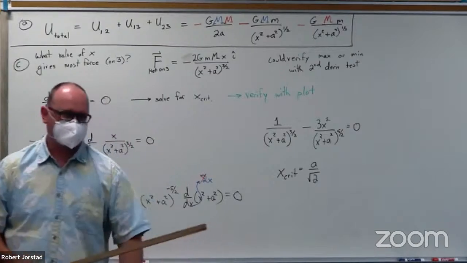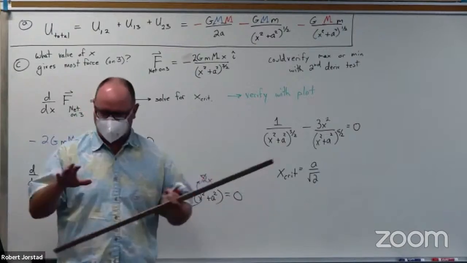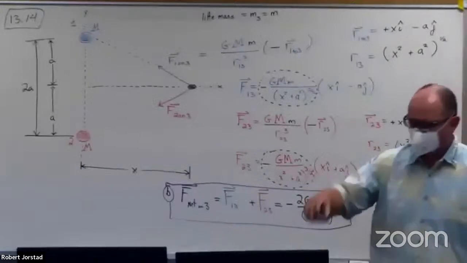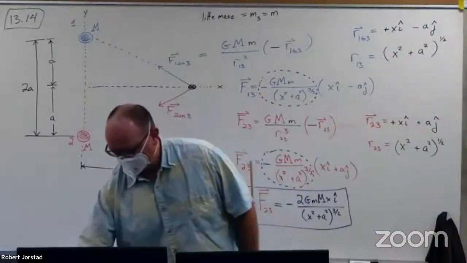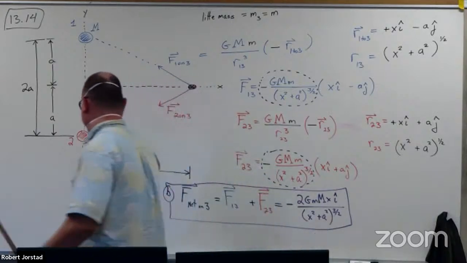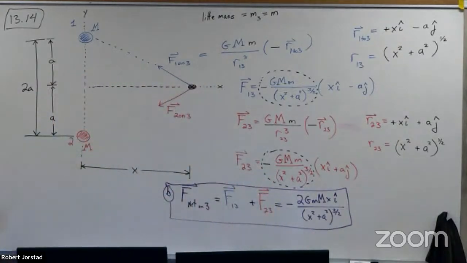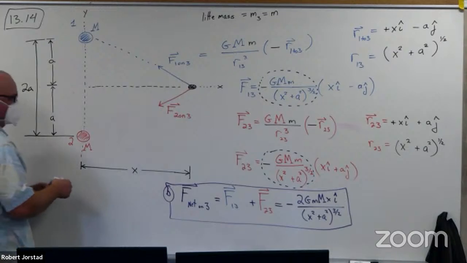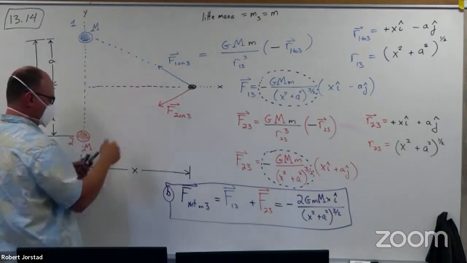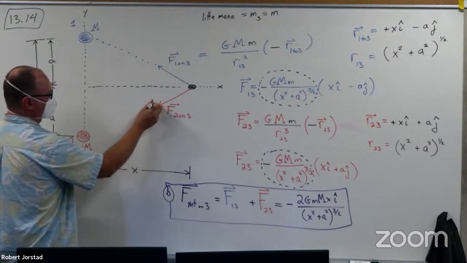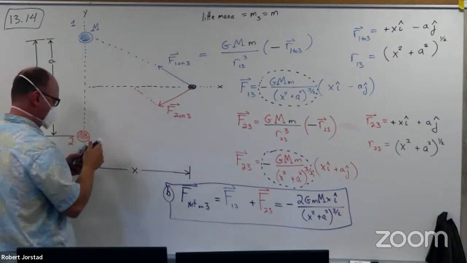Let's talk shortcuts, right? This was the right way to do it. We talked about all this. I want to go back and point something out here. Let's say I want to get the net force on 3. We drew a picture and we said, look, I know that this one's up and this one's down, and so I could actually do a parallelogram rule here.